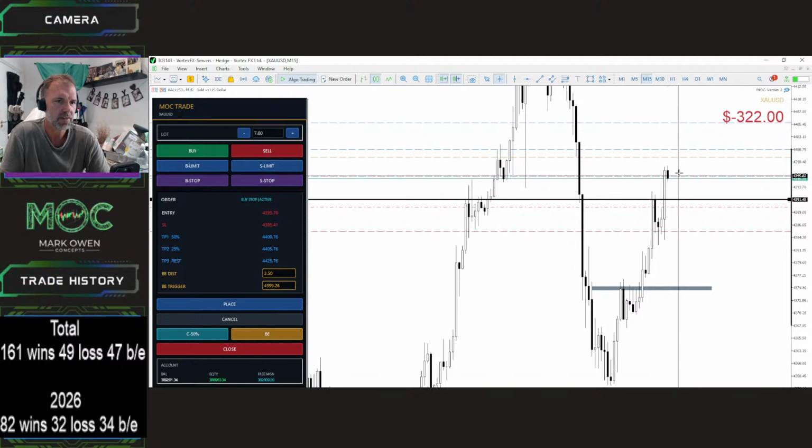Now if we break the highs, we'll move our stop underneath the low of this candle. It won't be risk-free, but there'll be very little risk. We'll have gone from risking about 6.5K down to about $700, $800.